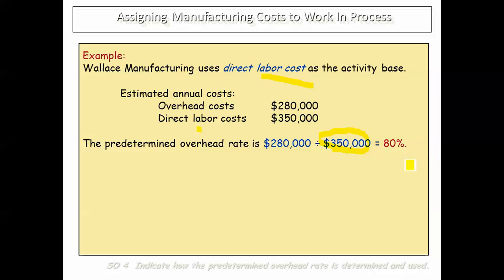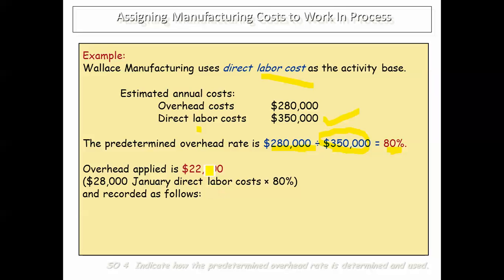What that means is for every dollar that I spend on direct labor costs on any job, if I spent $100 on a job, I'm going to assign $80 as that job's fair share of the overhead.